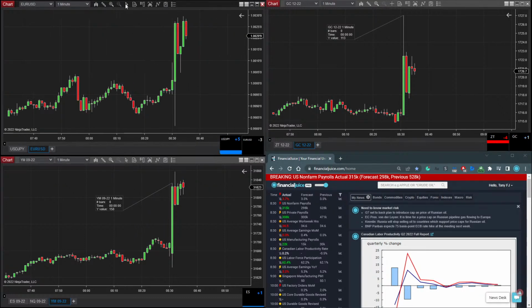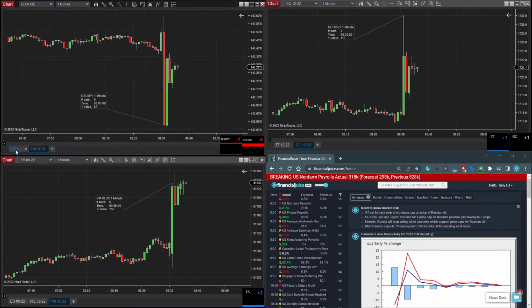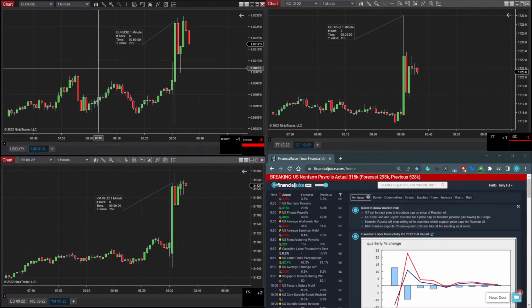Unless we get a bigger reaction compared to the dollar yen, but I'm not inclined to think so. Let's see what we've got here. Okay, there's about 26 and a half pips towards the upside. So dollar yen still has the biggest reaction out of everyone else so far.